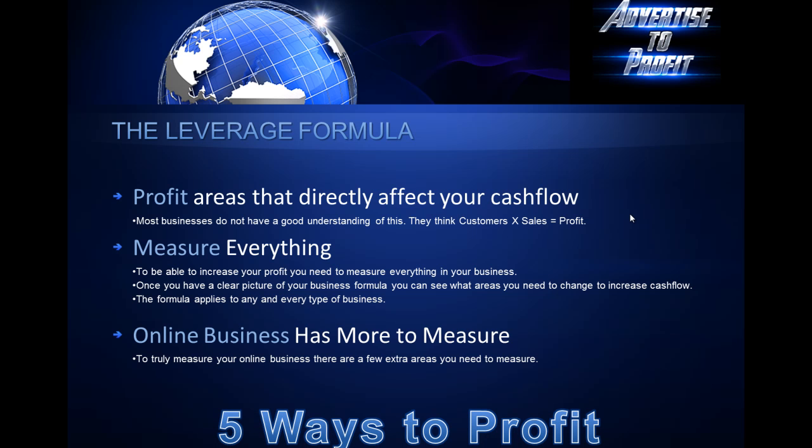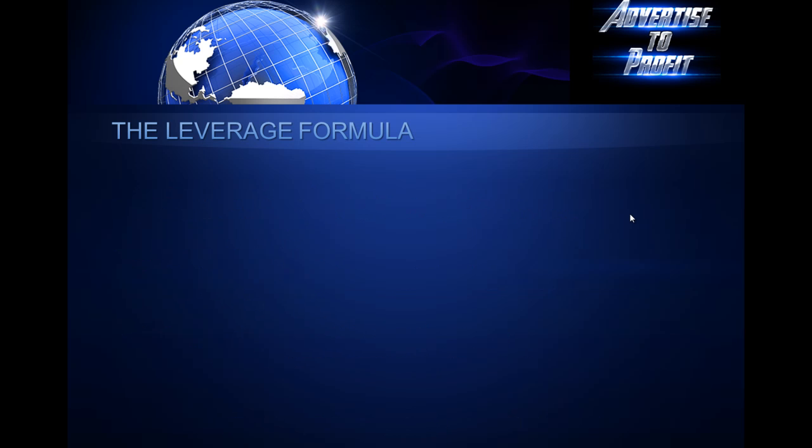Now there's actually 5 different areas you can tweak in your business to increase your profits. The first thing you want to measure is the number of leads, and then if you times that by the conversion rate, which is how many people actually purchased, that's going to give you the number of customers.